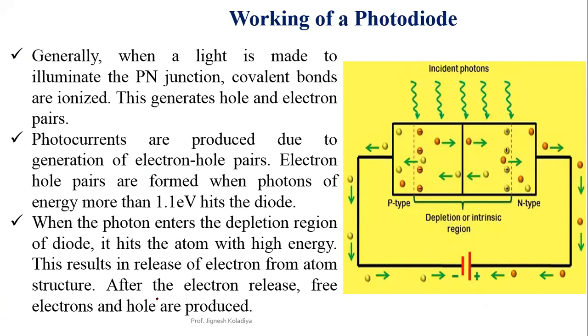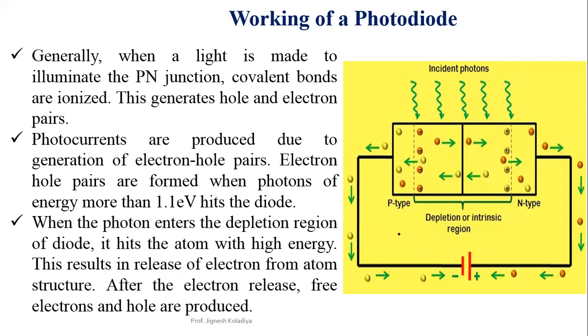Now, working of the photodiode. Generally, when light is made to illuminate the PN junction, covalent bonds are ionized and it will generate hole and electron pairs.